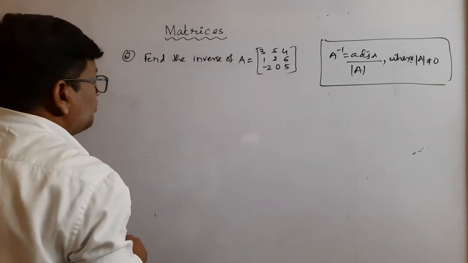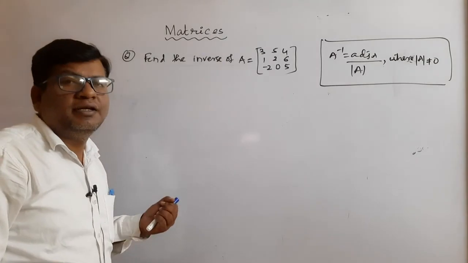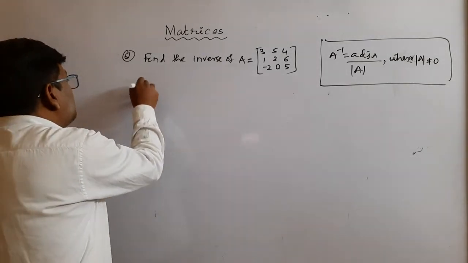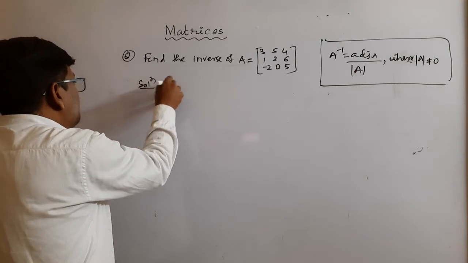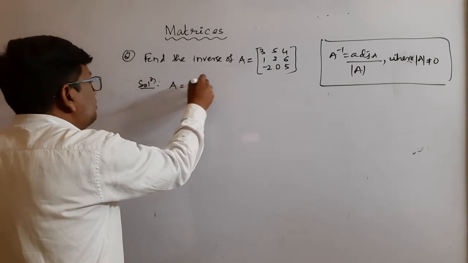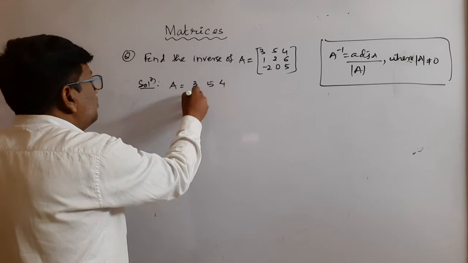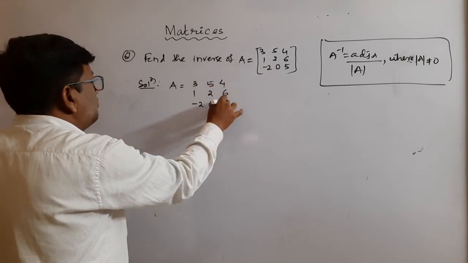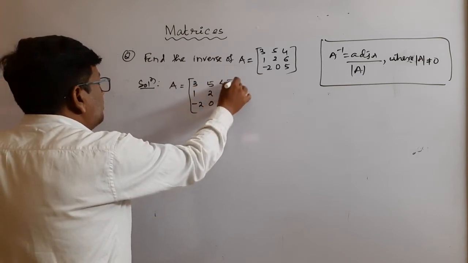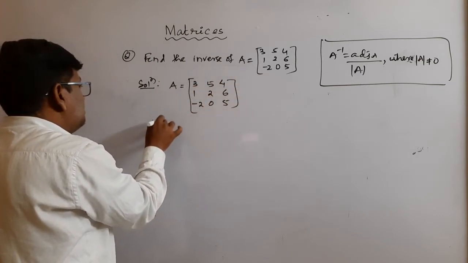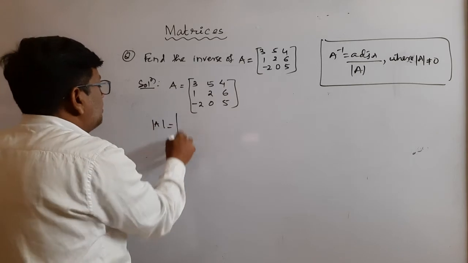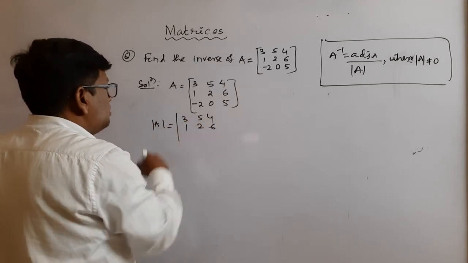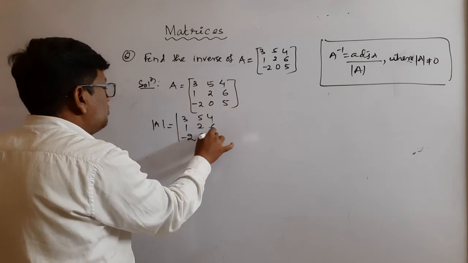So first we have to find determinant A. How to find determinant A? Solution: A is equal to 3 5 4 1 2 6 minus 2 0 5. Now determinant A is equal to this.